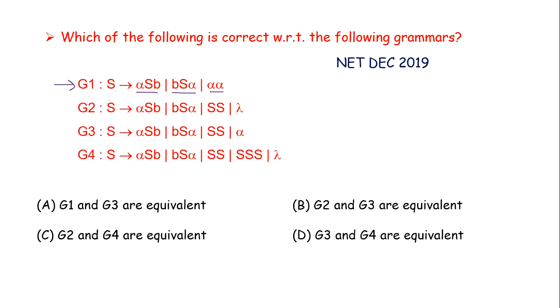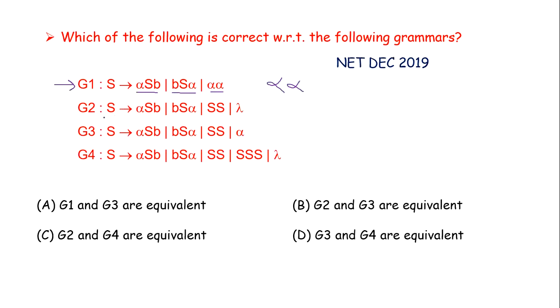Just pause the video, take out your pen and paper, find the smallest string among these 4. Find the smallest string from all these grammars and you will get your answer. So for G1, the smallest string will be alpha alpha, right?